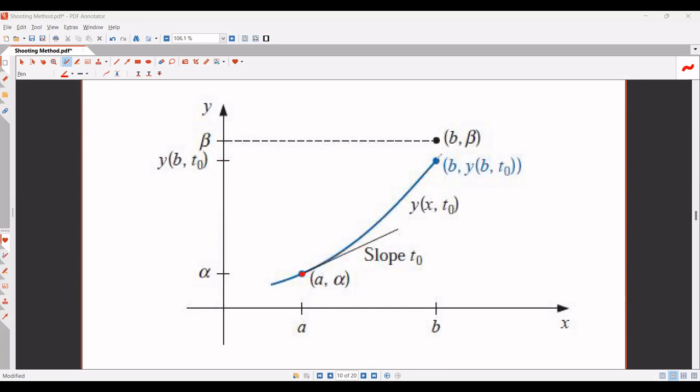So the final value of y is not going to be equal to beta unless you are the luckiest man on earth, of course. So this is some first approximation for y at b. Of course, it's not going to be perfect.